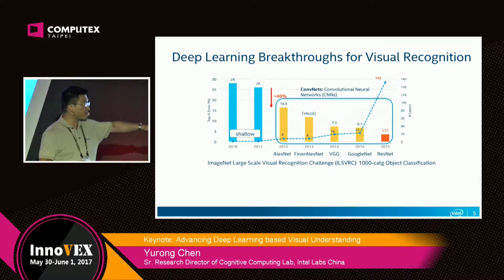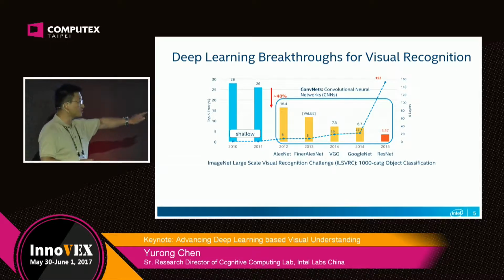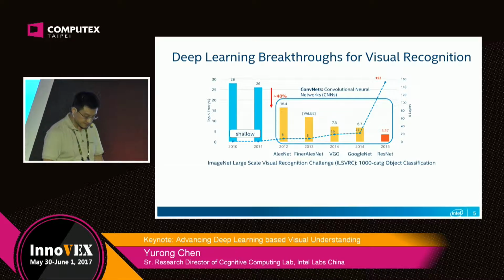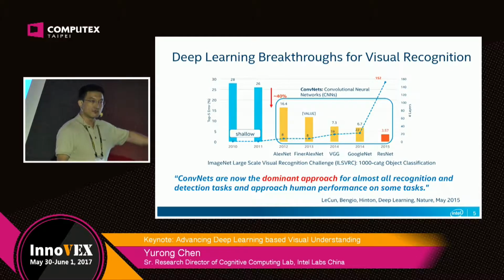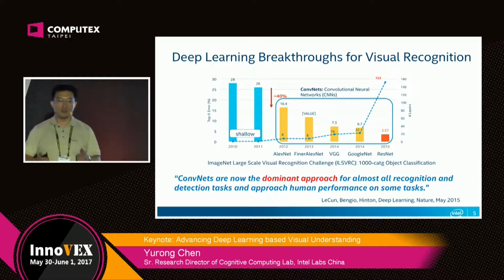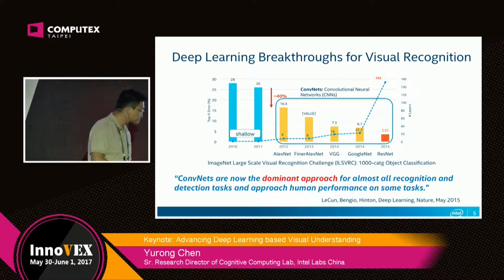In 2015, ResNet from Microsoft achieved 3.57% top-5 error with 152 layers, which outperforms human performance. In a Nature paper, deep learning pioneers Yann LeCun, Yoshua Bengio, and Geoffrey Hinton also mention ConvNets are the dominant approach for almost all recognition and detection tasks and approach human performance on some tasks.